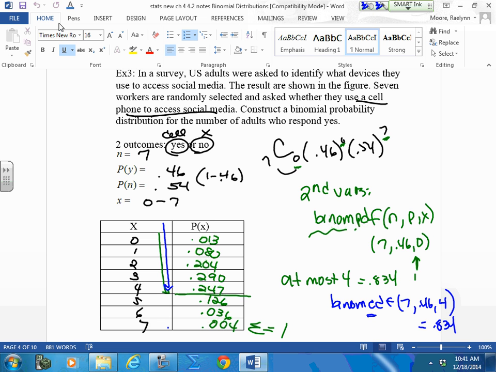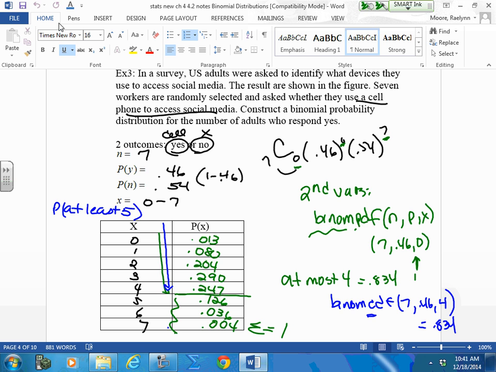Now, if I asked you what was the probability of at least 5, notice the 5 is from here down. Could I use my complement now? Couldn't I use my complement for this? Take 1 minus that and use my complement?